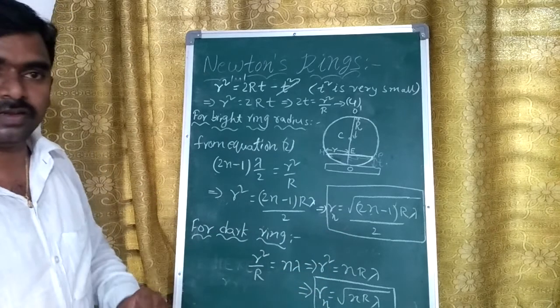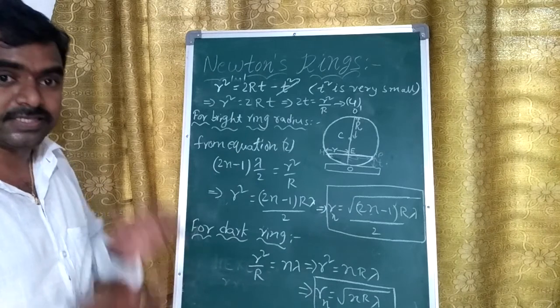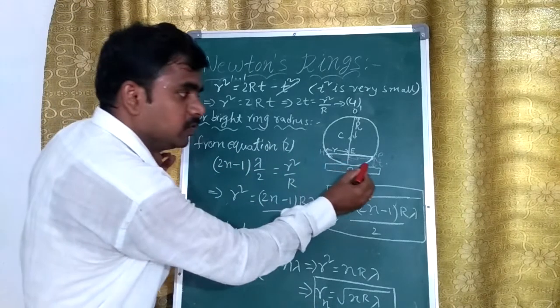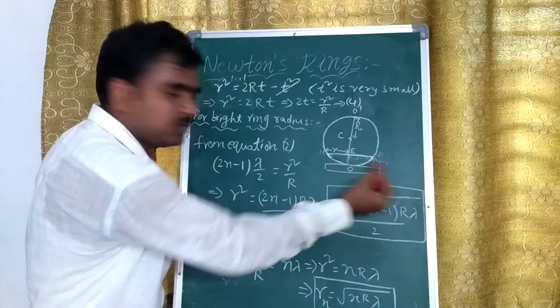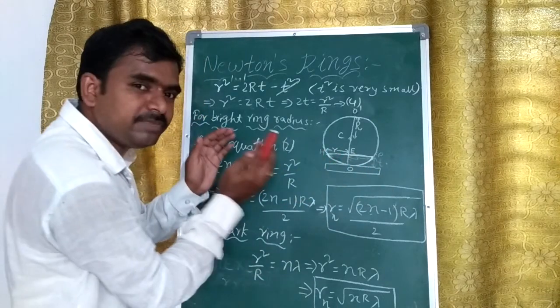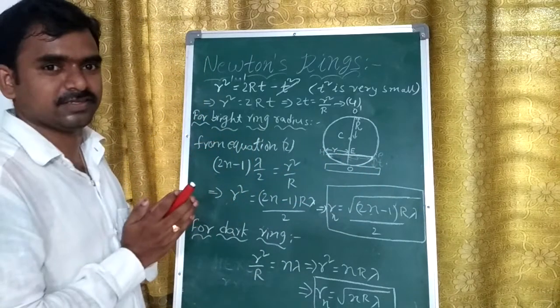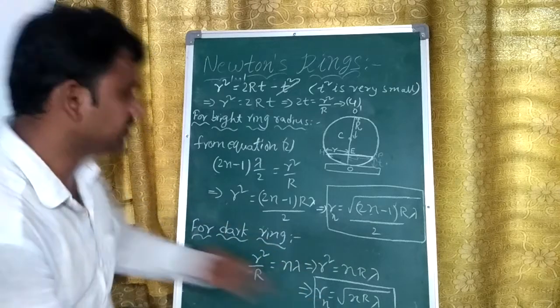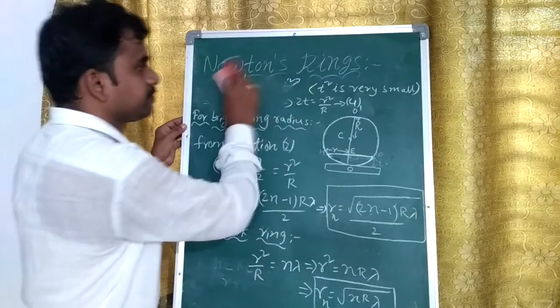By using this, I would like to conclude that if we go from the center towards the end, the separation between the rings is decreasing. We will prove that based on this.